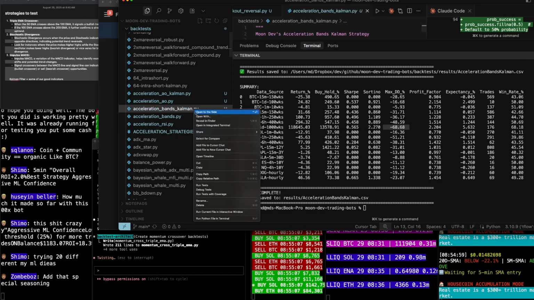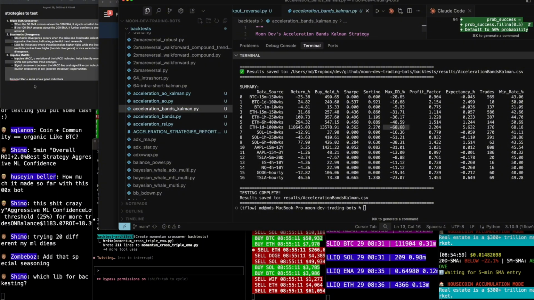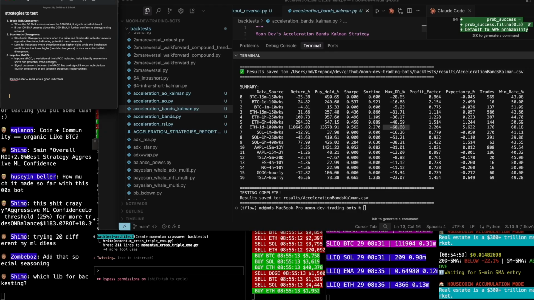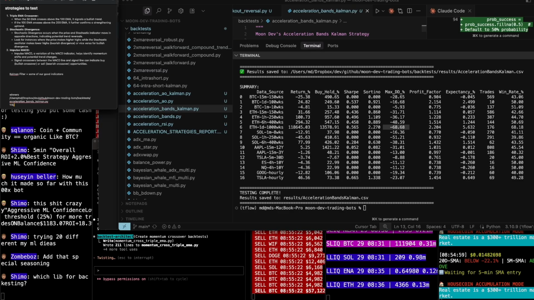So acceleration bands, Kalman. Copy path. I'm gonna put a winners folder here. Winners. And this would be 118,000% ROI. Using backtesting.py for backtesting.